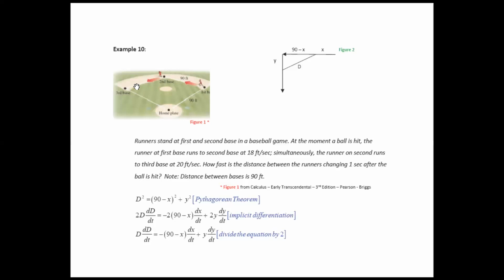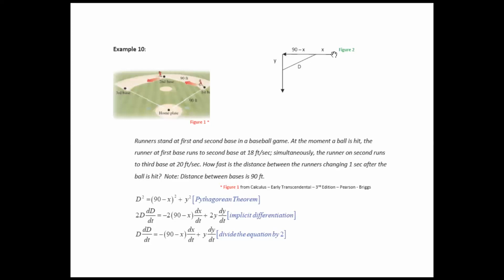Now we're given this piece of information. The moment the ball is hit, the runner at first base runs to second. That runner is going at 18 feet per second, and the one leaving second base is running at 20 feet per second. So here we have a drawing. Now this is what's happening.